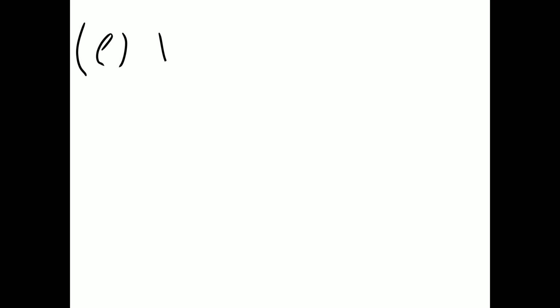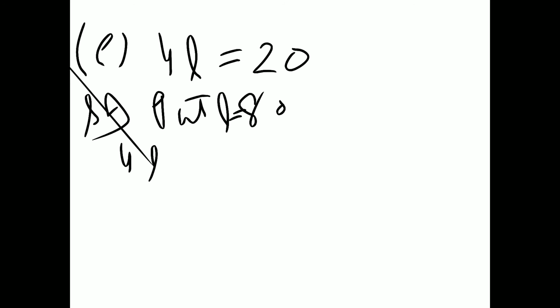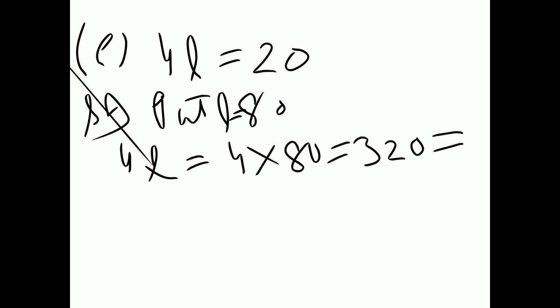All the parts we do in this manner only. 4L is equals to 20. Now you have to put the L value as 80. So 4L is equals to 4 into 80, 320. 320 is not equals to 20, so the answer is no.